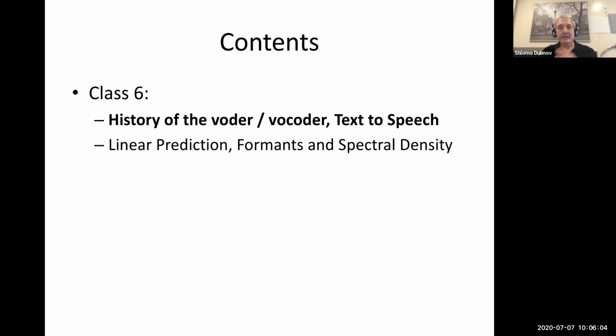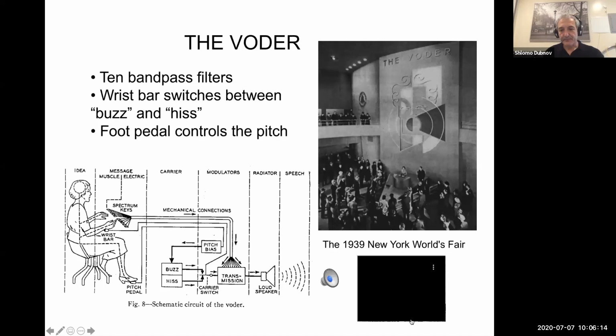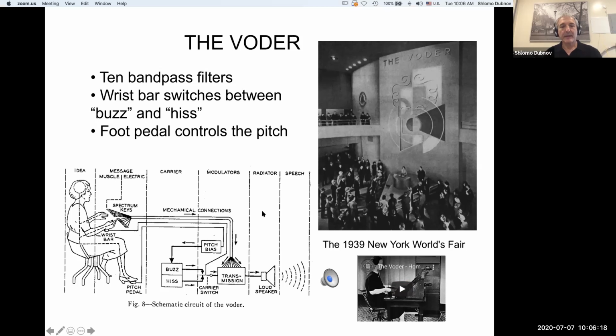So either going from text to speech or speech to text is kind of an inverse problem, and the same techniques could apply to both. So, kind of the history of the voder. It went all the way back to 1939 in New York, where Bell Labs presented this kind of a voice typewriter.